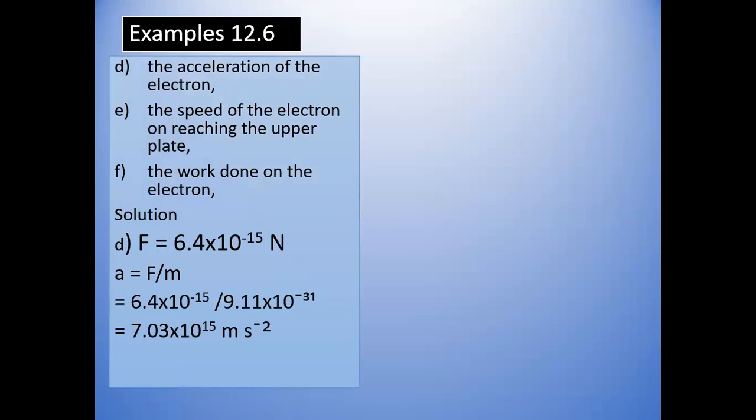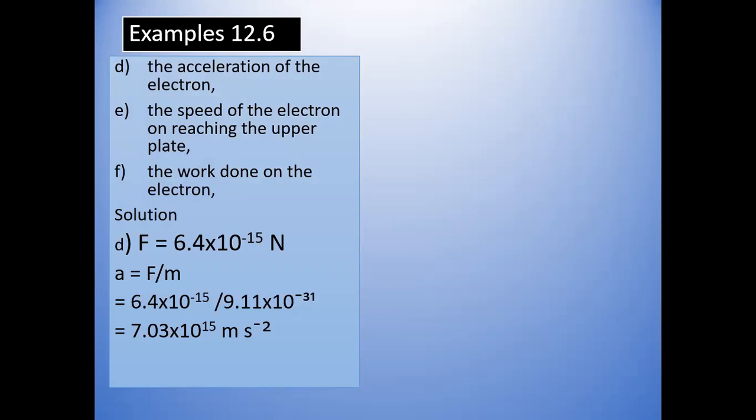And the speed of the electron reaching the upper plate? What you studied last semester can be used also. All these formulas you are required to remember and know how to use.